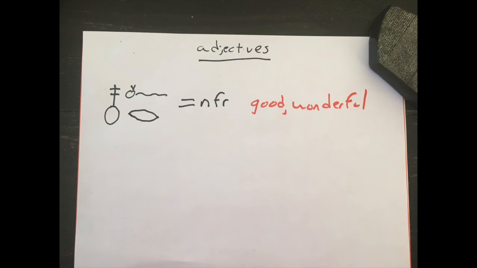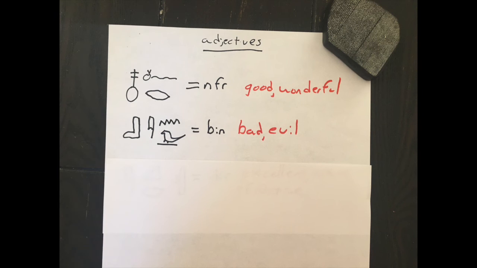So first up is nefer, good or wonderful, which if you were going to read it literally be nefer, fur, but you remove the extra F and R because they're repeat sounds from the three-consonant sound that is the first hieroglyph, which is actually nefer. This can be good or wonderful. Next we have bin, bad or evil. And look, there you go.